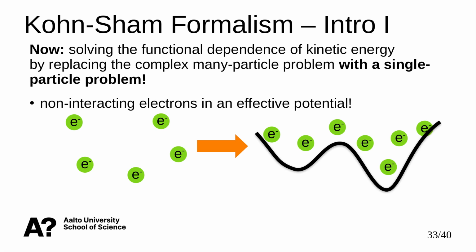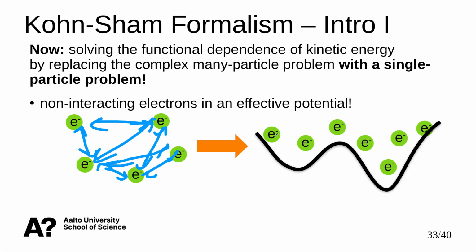So the idea is that we have non-interacting electrons in an effective potential. So we go basically from an interacting potential going like that, something like this, I'm not great in drawing, to non-interacting electrons in an effective potential.